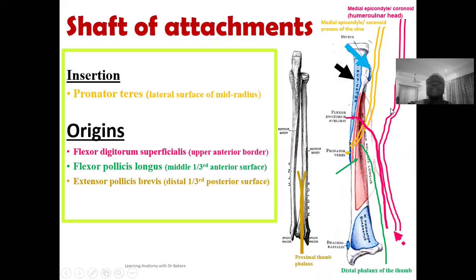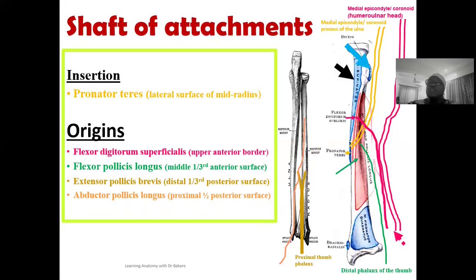So you see that around the posterior surface of the radius, we also have muscles taking their point of origin from this point. Then the next muscle that is also seen specifically around the posterior surface of the radius is the abductor pollicis longus. The abductor pollicis longus is seen at the most superior region of the posterior surface, so it is seen at the proximal half of the posterior surface. And this is what is projected here in this image.